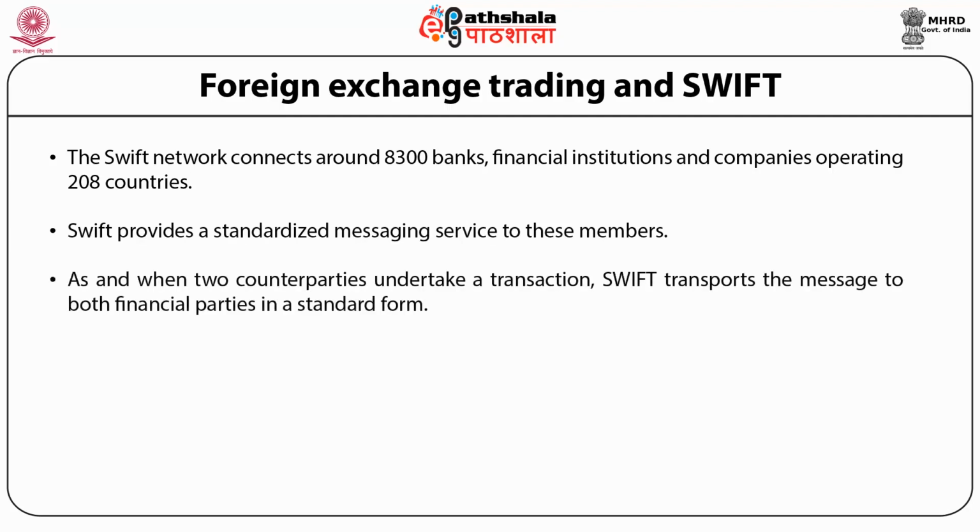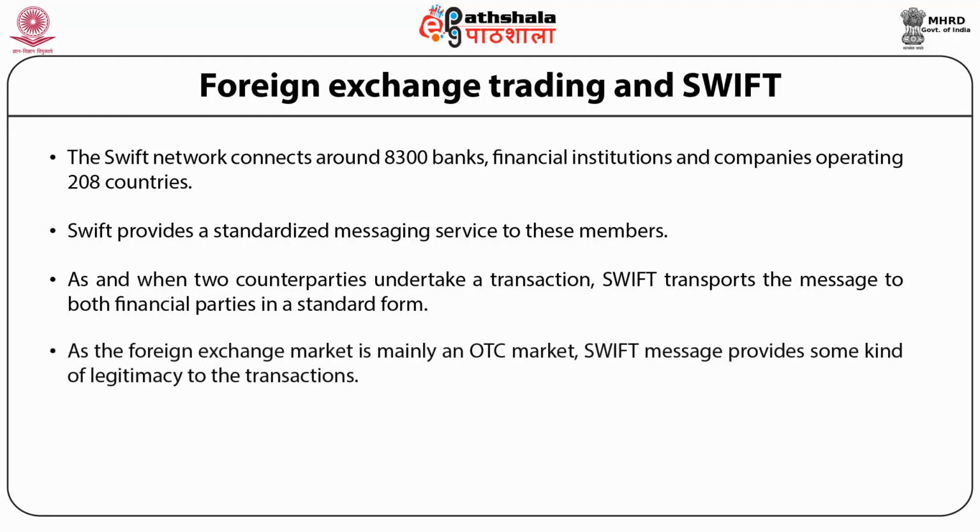As and when two counterparties undertake a transaction, SWIFT transports the message to both financial parties in a standard form. As the foreign exchange market is mainly an OTC market, the SWIFT message provides some kind of legitimacy to the transactions. The following summarizes the activities of SWIFT.